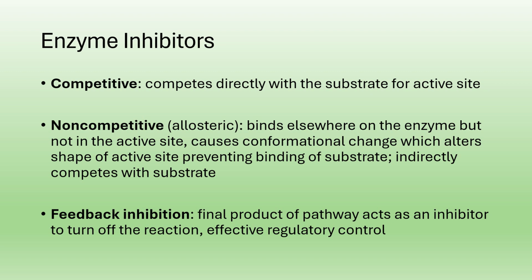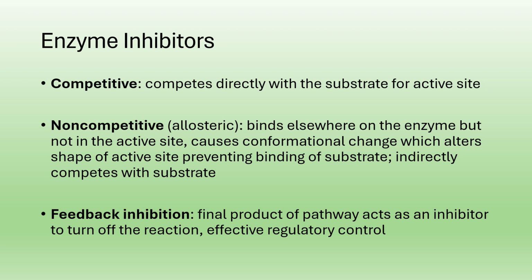So when that non-competitive inhibitor binds at its spot elsewhere, not in the active site, it's still going to cause a shape change. And that shape change now alters the active site. So the substrate can't fit in there anymore because the shape changed. So it still prevents the reaction from occurring. It's just not competing directly with the substrate for the exact same spot.